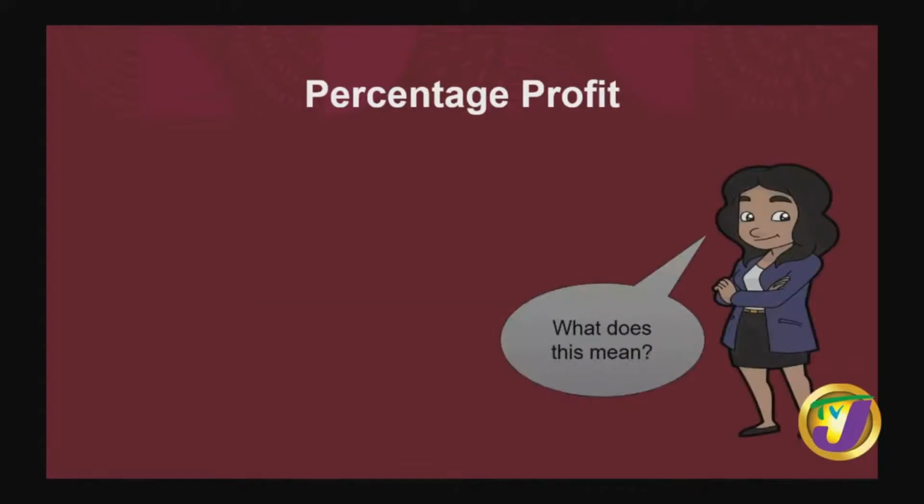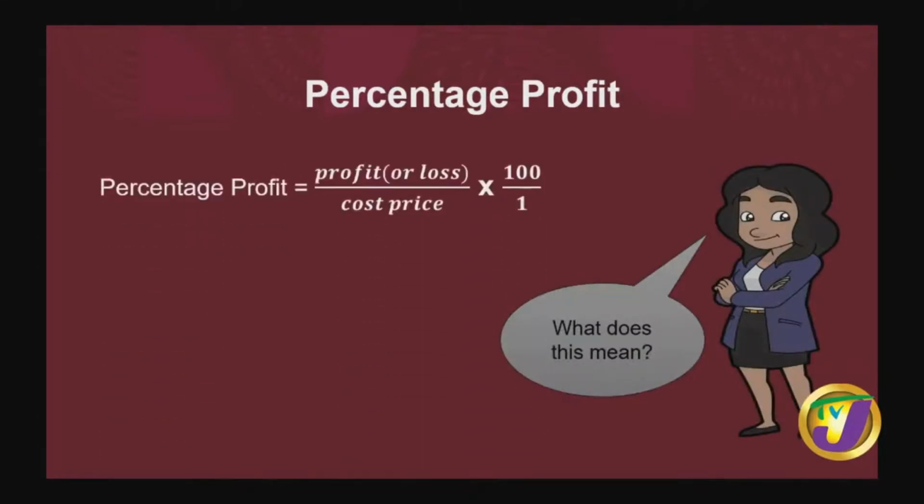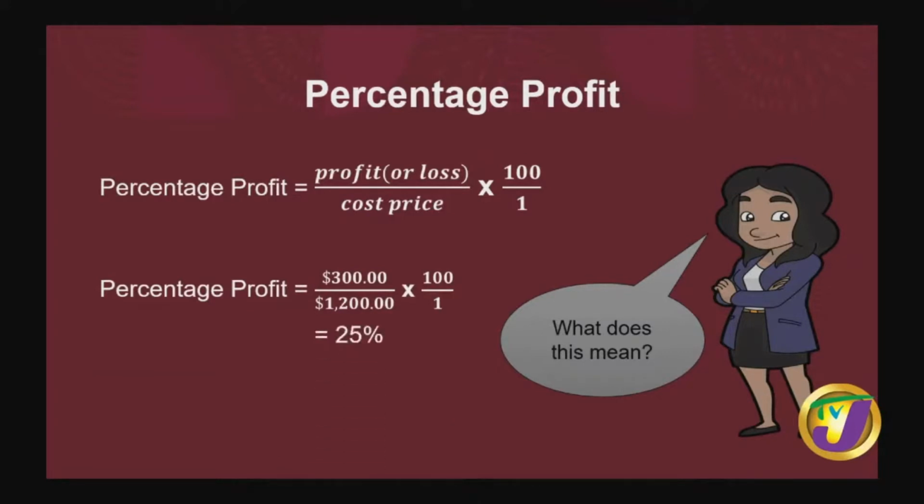In this case, we're looking at profit. So my profit is $300. The cost price for the jersey is $1,200. And I'm multiplying that by 100. So here we have 300 divided by 1,200 multiplied by 100. And my profit percentage is 25%.